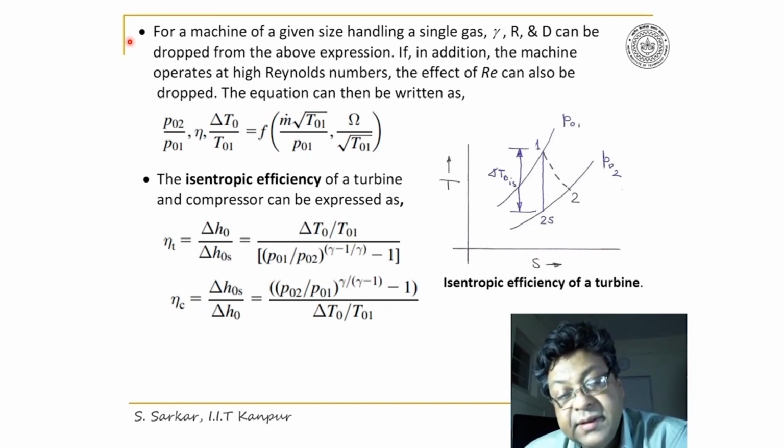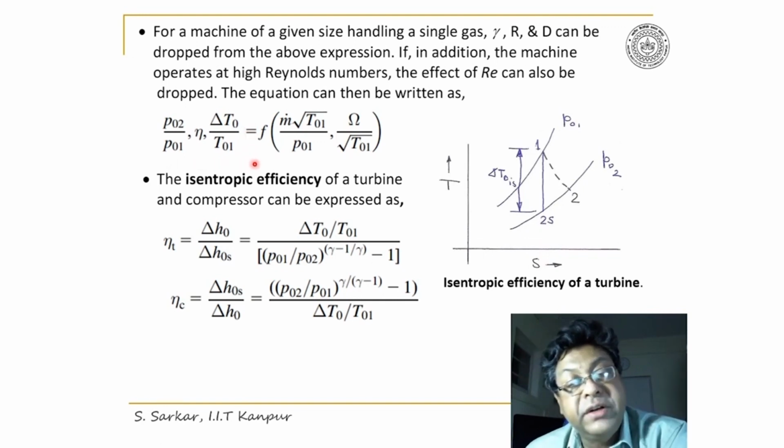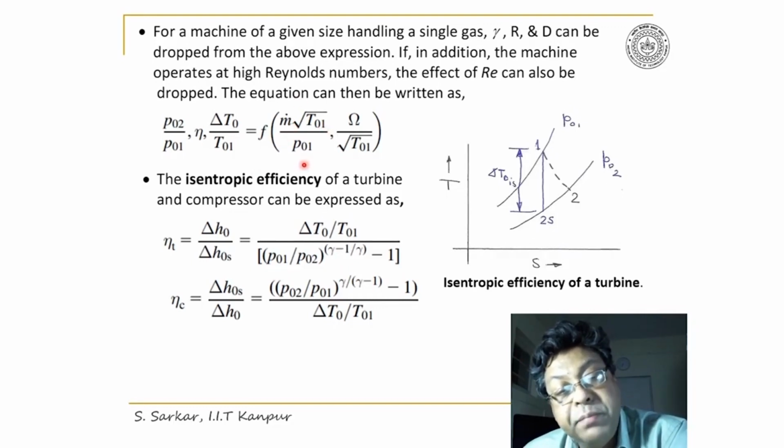Thus, the above expression can be written as P02 by P01, eta, del T0 by T01 is a function of m dot root over T01 by P01 and omega divided by root over T01.